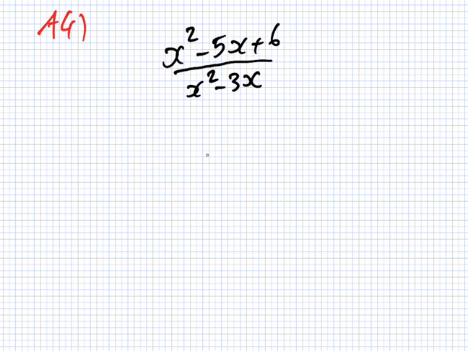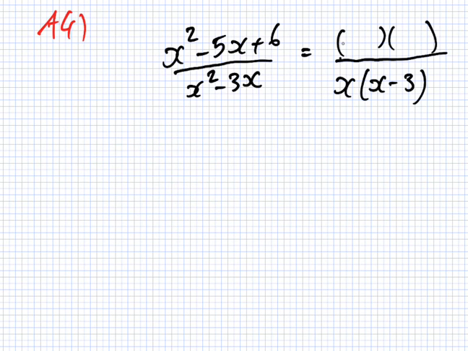So let's see if we can factorize the top. I know I can factorize the bottom as x minus 3. What about the top? Have we got two factors here? X minus 3 and then x minus 2.